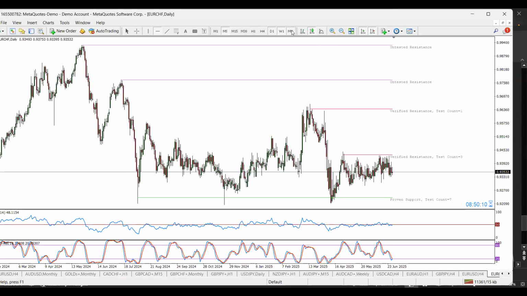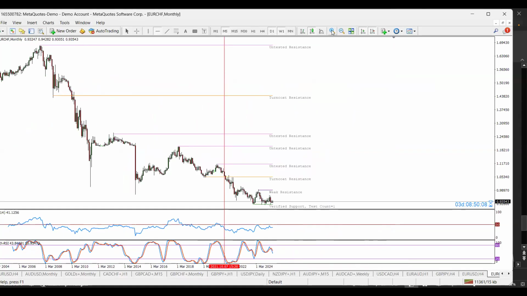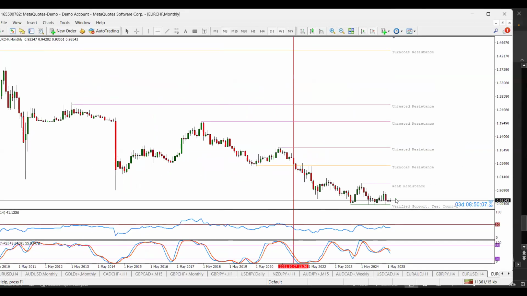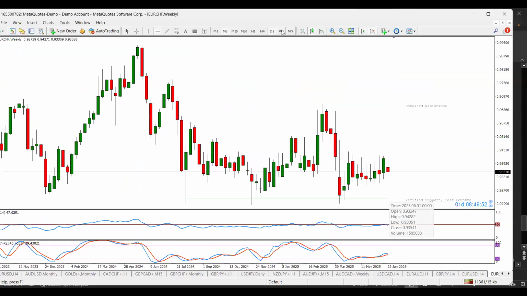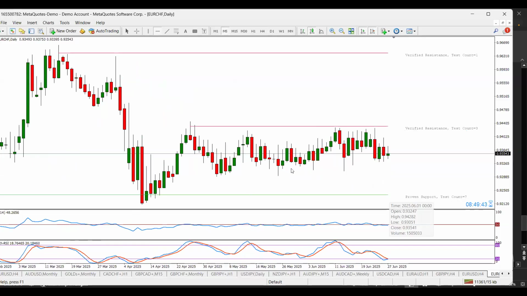For Euro CHF, I don't think you should be doing anything for now. Look at this. This is on the monthly time frame. The current candle on monthly is bullish, right? Number one. On weekly, look at what is going on. It's just going up and down, up, down, up, down. On dailies, trending sideways.